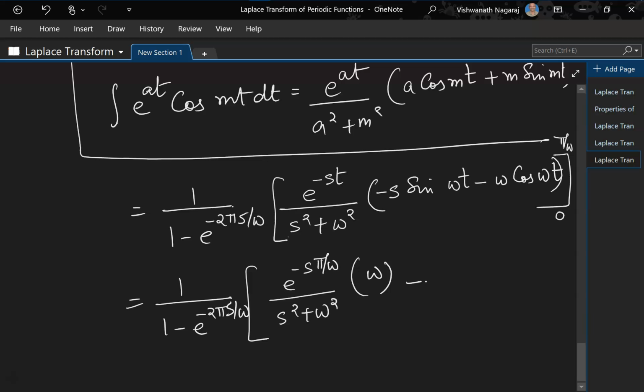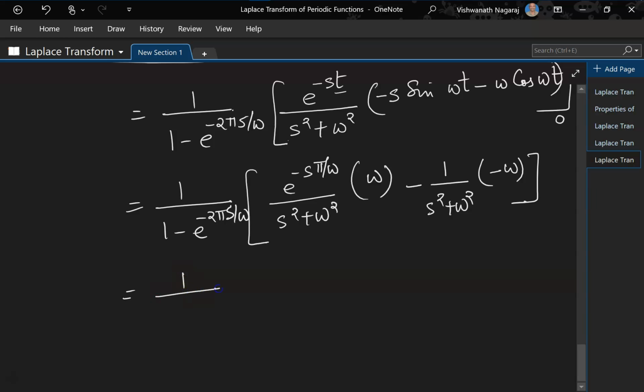Minus, now let's substitute 0. If we substitute 0 here, e to the power of 0 is 1, so 1 by s square plus omega square times, sine 0 is 0, cos 0 is 1, so minus omega. Then 1 by 1 minus e to the power of minus 2 pi s by omega.